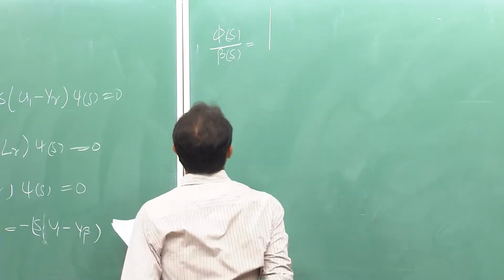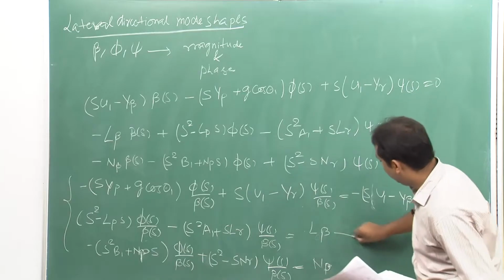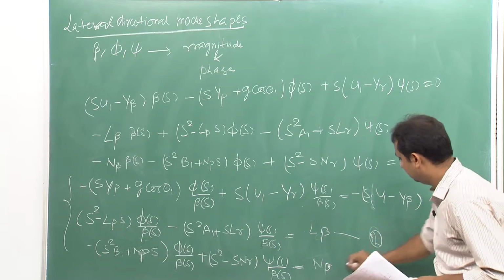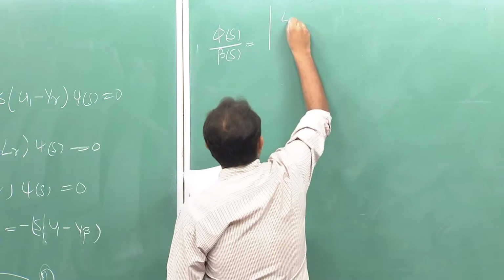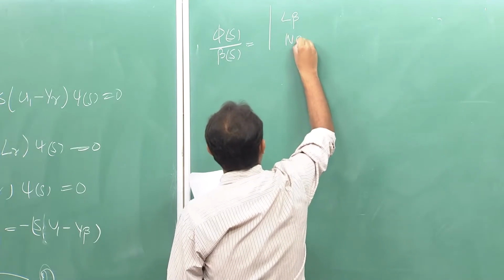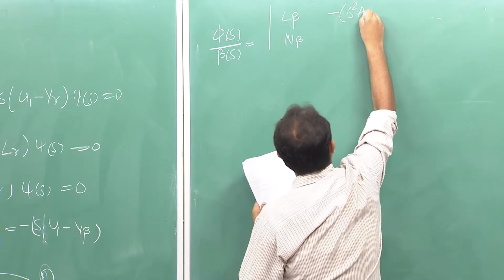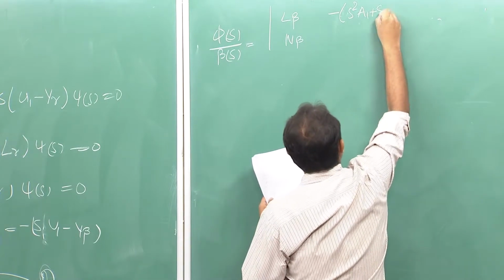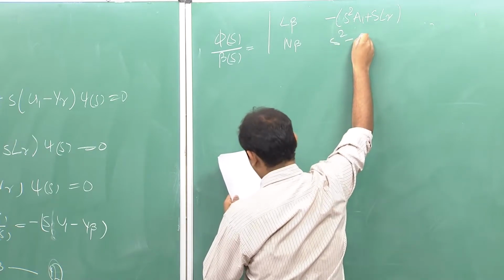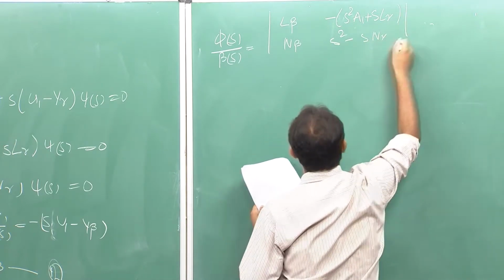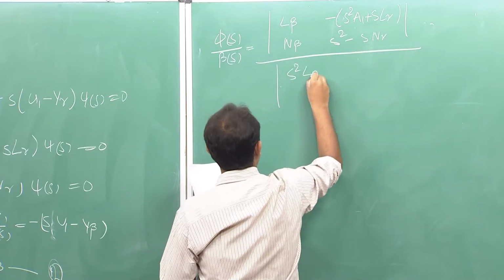So, I am directly writing your transfer function, which will be phi of s upon beta of s, taking equations 2 and 3: the determinant of L beta, N beta, minus (s square A1 plus s L r), (s square minus s N r), divided by the determinant of (s square minus L p s), minus (s square B1 plus N p s), minus (s square A1 plus s L r), and (s square minus s N r).